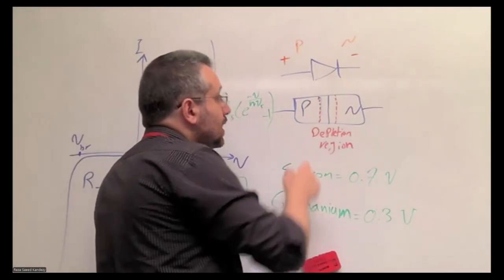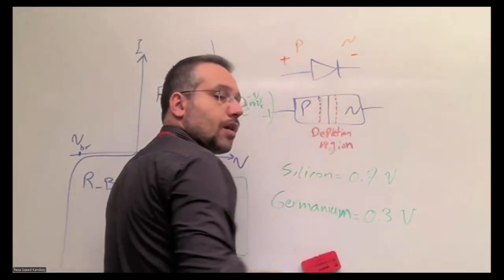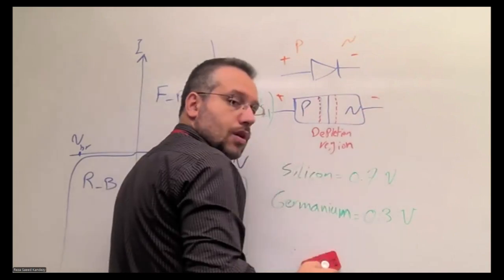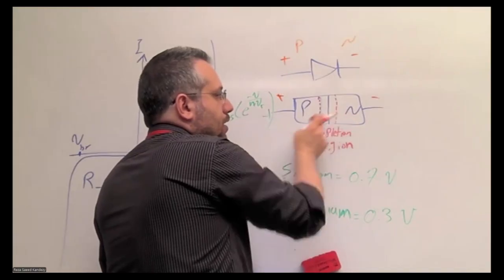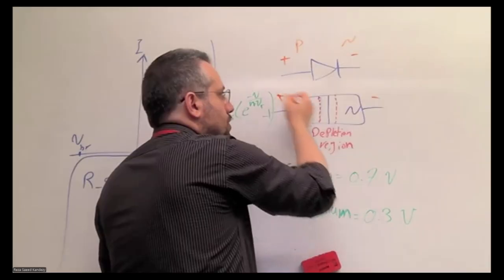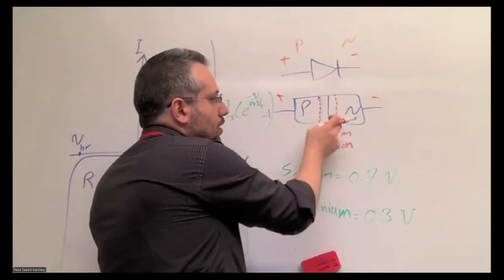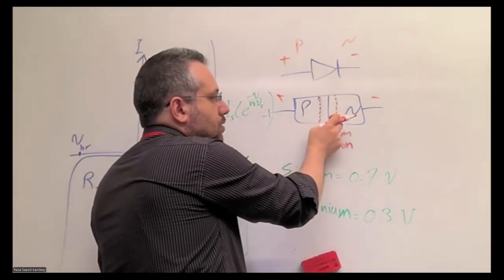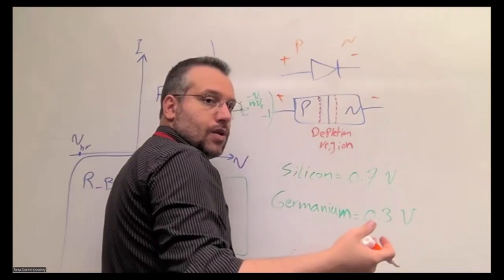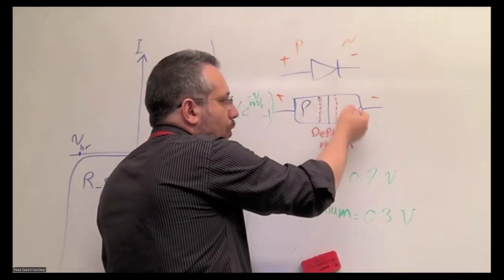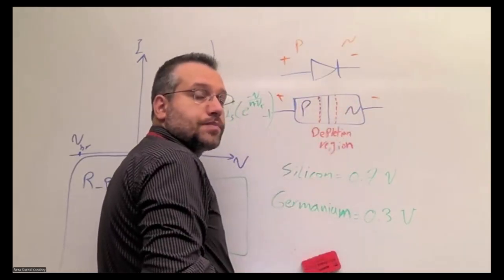The electrical field applied across this semiconductor would make that depletion region smaller and smaller as you increase the difference of the voltage between the two terminals of the diode. When it gets small enough, then charges could jump over this depletion region from the P to the N semiconductor.